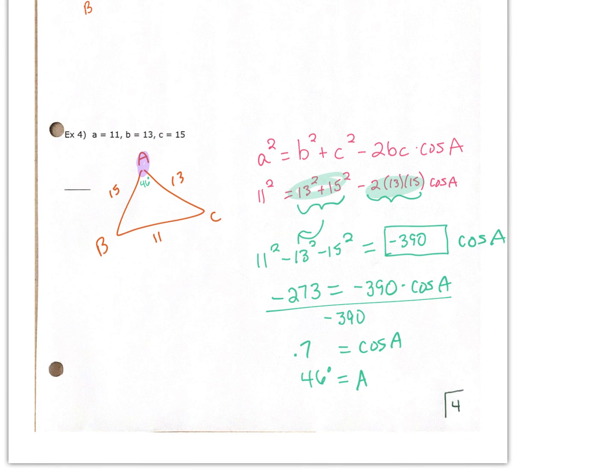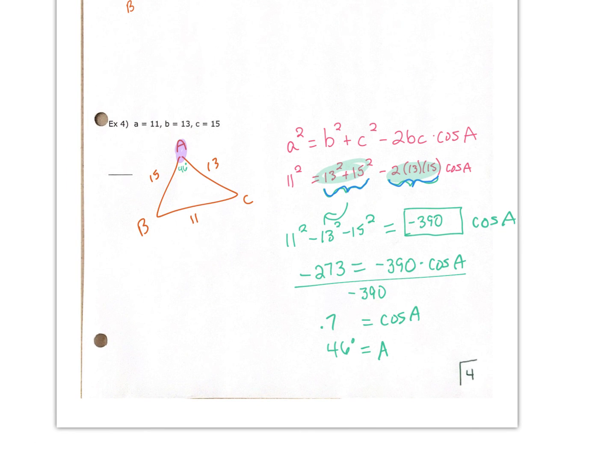Is that 0.7 equals cosine? 0.7, yeah. The negative 273 divided by negative 390 gave us that. Please, please, please be careful with this step, guys. It's just so important. And it's so easy to try to combine all of that together, and it's not correct mathematically.